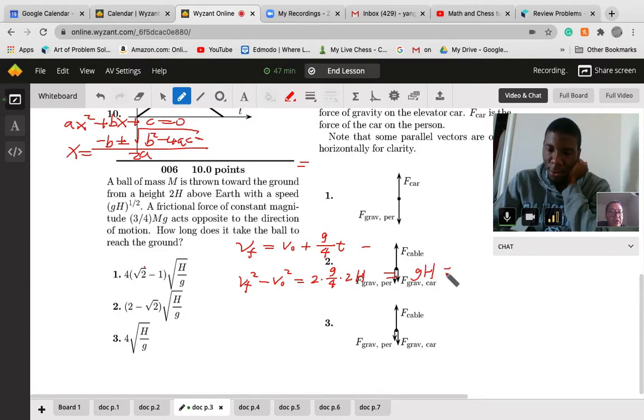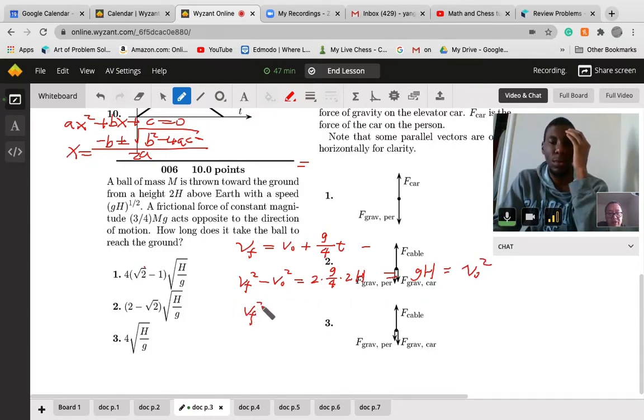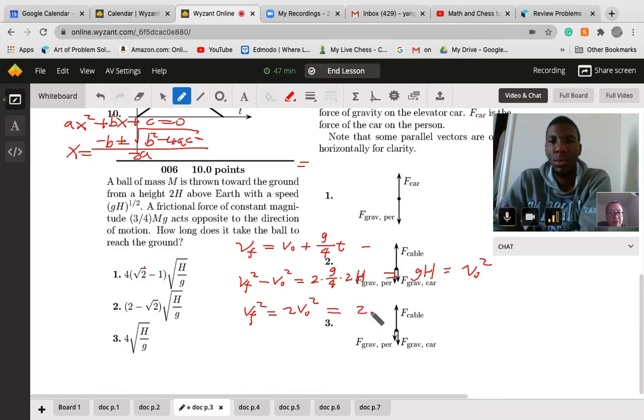This one actually equals v0 squared. So then we got this one, that's vh squared equals 2 times v0 squared. Then this one gives us 2 times gh. Now vh we can plug in here, that will be square root of gh, then plus g over 4 times t, then you square this, then equals 2 times this gh.